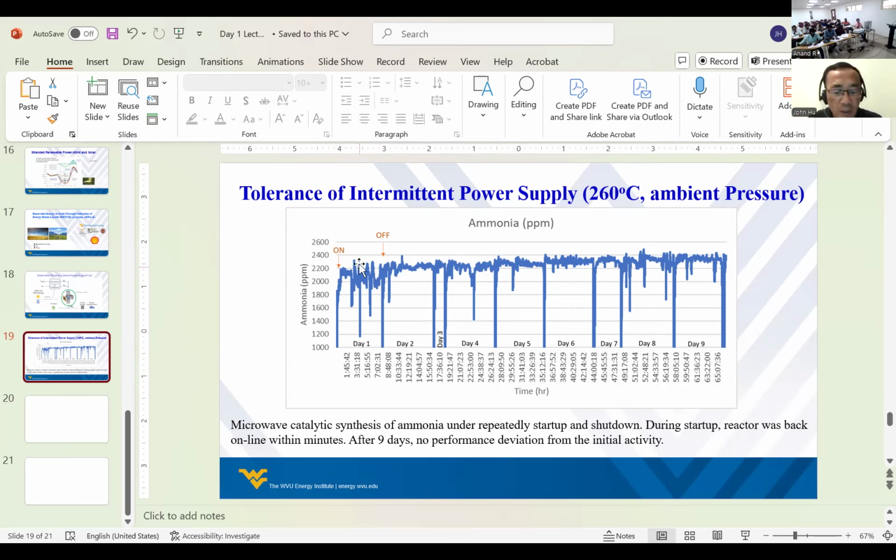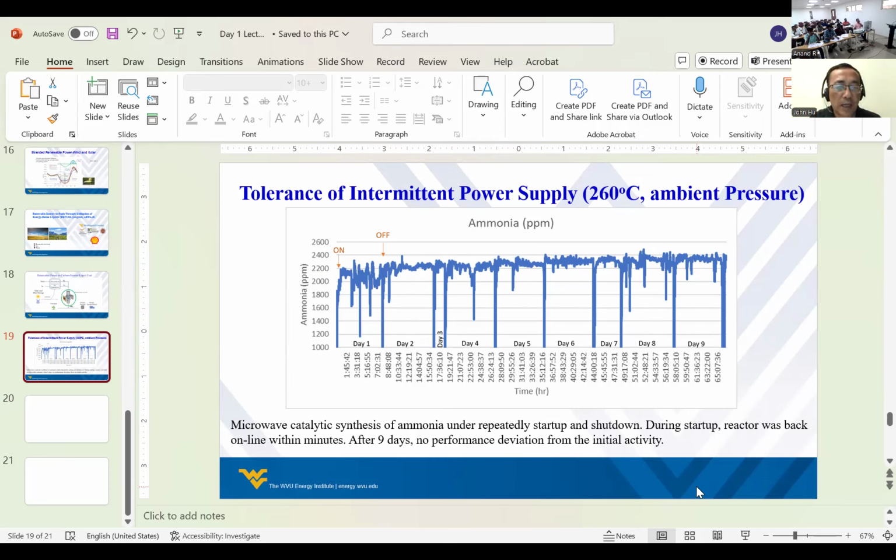So you see, we constantly turn down the power, and then when we turn back on, you see it come back to the horizontal line. That's what you need. What does it mean? Your reactor has to go on and off, but every time you come back online, you have to have the same productivity. So what if this horizontal line were declining? That means either your process failed or your catalyst deactivated.